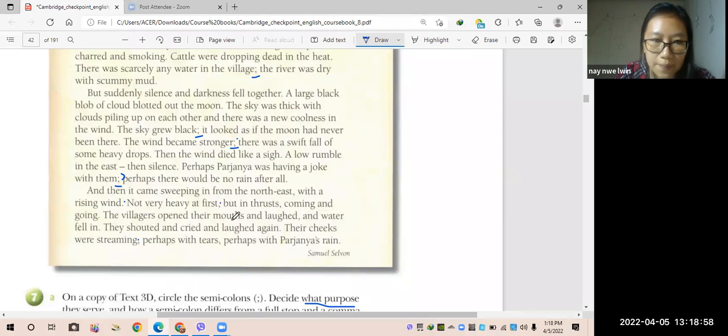But interest coming and going. I think this place is better: not very heavy at first, but interest, semicolon. Yes, the second part is better if you want to use a semicolon. So coming and going, there is an explanation, right?